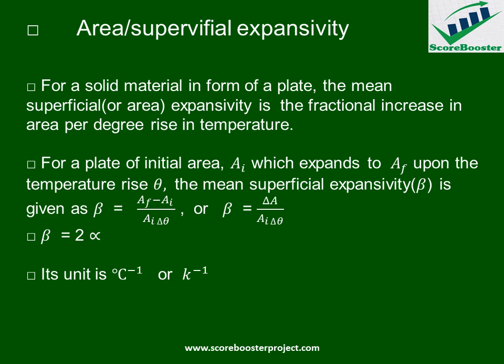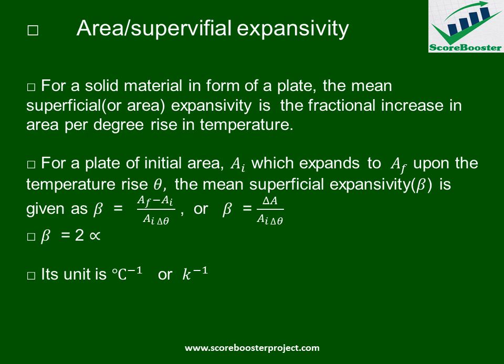Area expansivity is also known as superficial expansivity. For a solid material in form of a plate, the mean superficial or area expansivity is the fractional increase in area per degree rise in temperature.